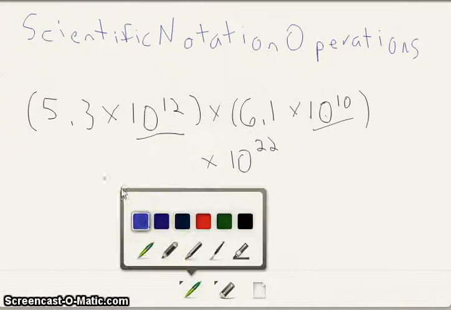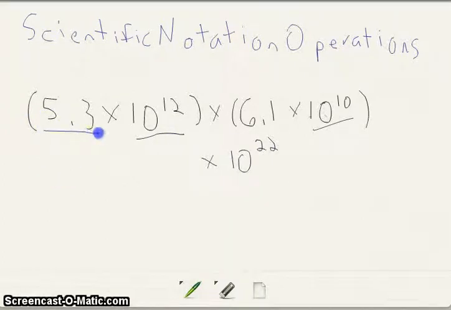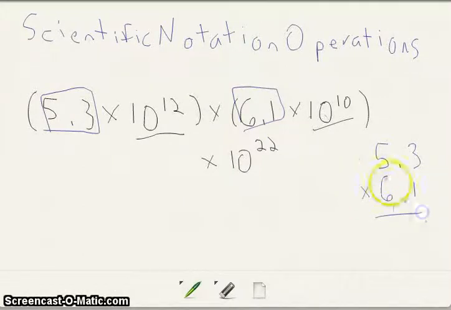Then I take my numbers I have left over, the 5 and 3/10 and the 6 and 1/10, and I'm going to multiply those numbers. I'm not going to use the commutative property here because it doesn't really matter on this one.